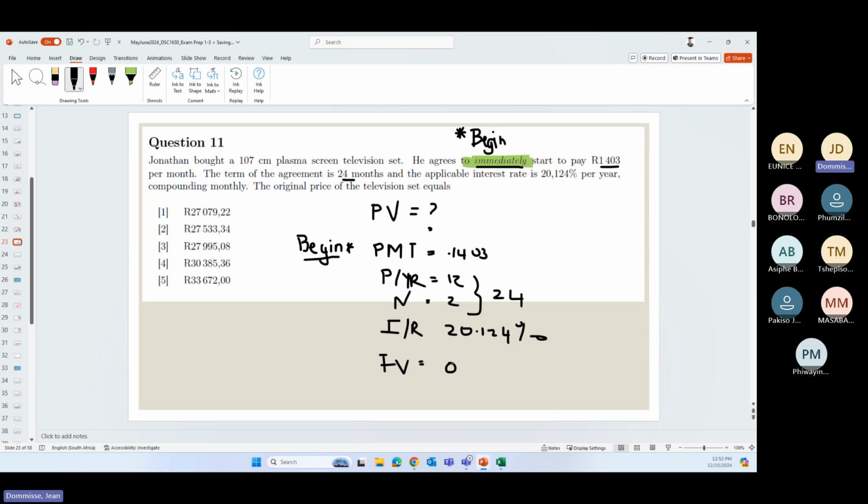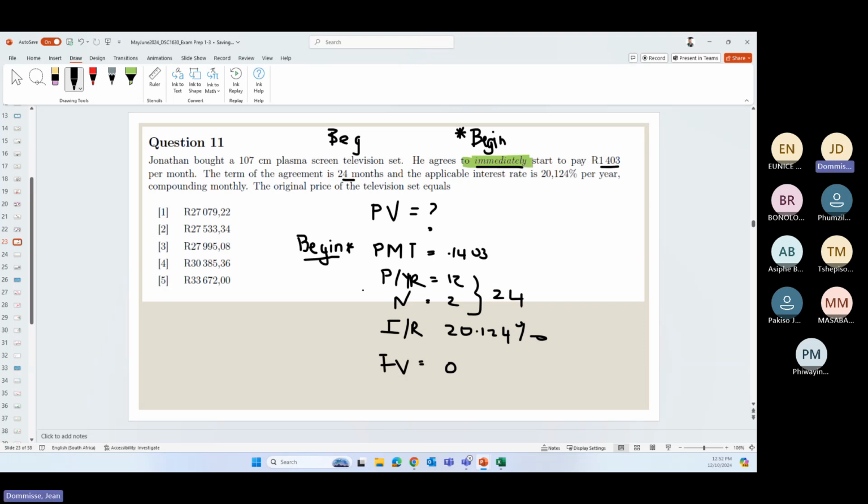Okay, so let's first do it on the calculator, then I'll go over to Excel. So remember the begin, on my HP there is a BEG function that shows the begin function. So we change that. Then we say 1403 as your PMT.